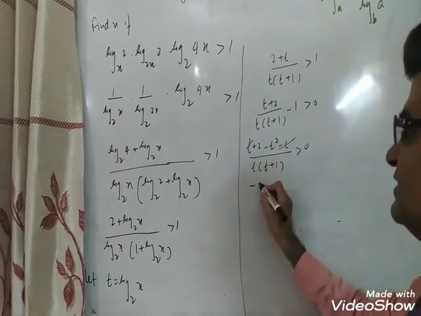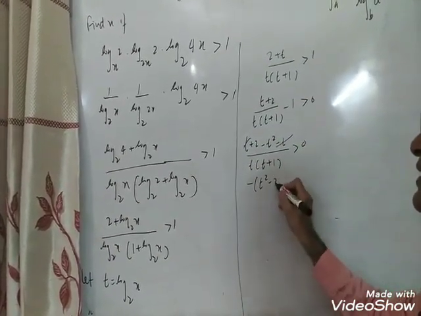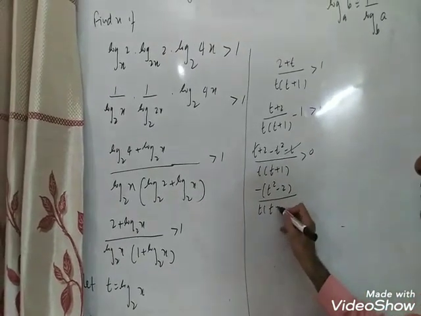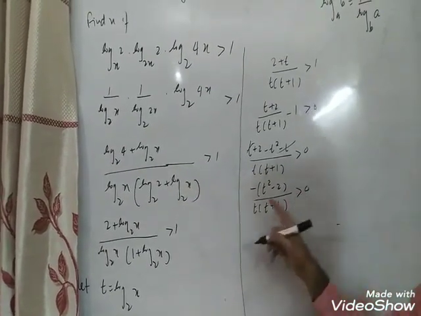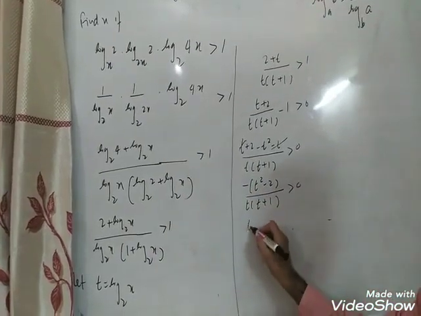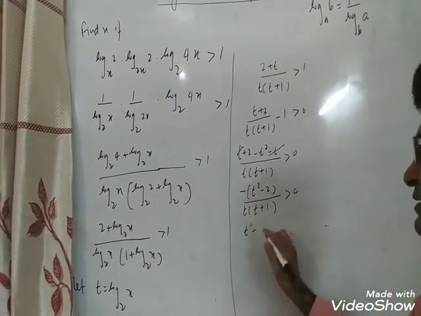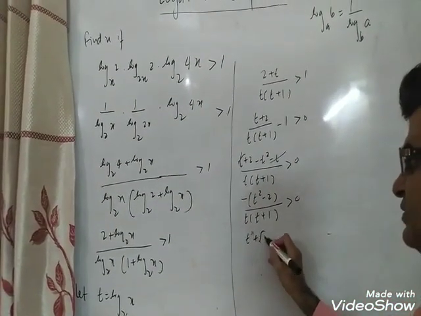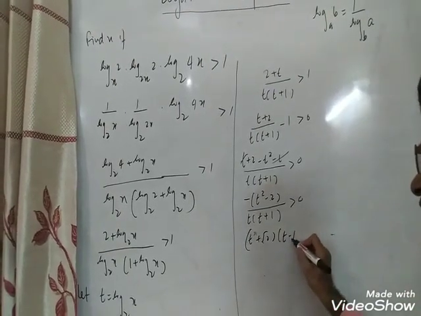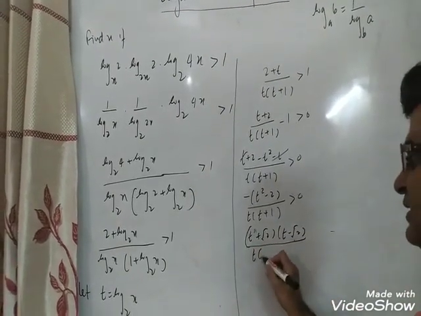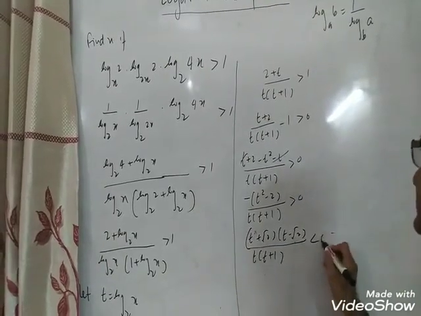t and t get cancelled. We are taking minus common. t square minus 2 upon t plus 1 greater than 0. Multiplying both sides by minus, the inequality will change. This we can write as t plus root 2, t minus root 2 upon t plus 1 less than 0.